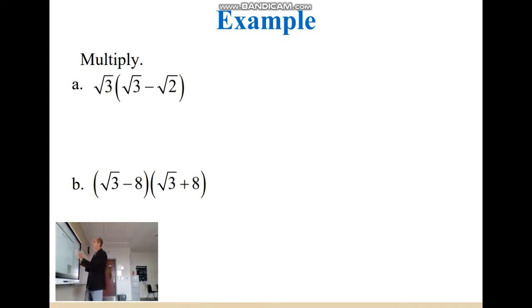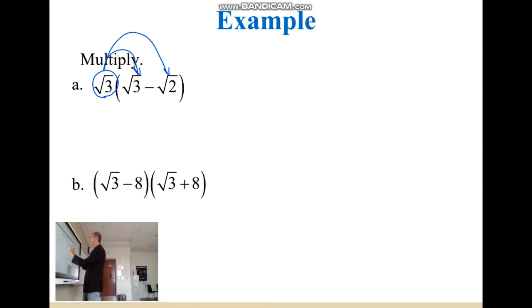And we have square root of 3 multiplying what's inside this parenthesis here. And what we will do right now is apply the distributive property, and we're going to multiply square root of 3 by square root of 3, and square root of 3 by square root of 2.